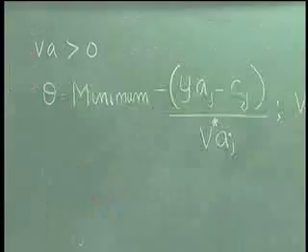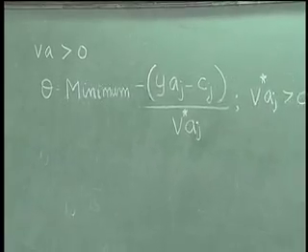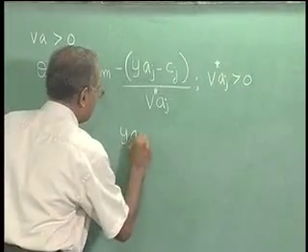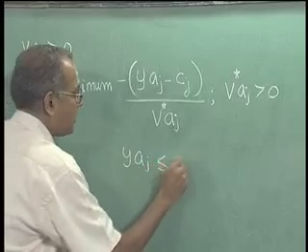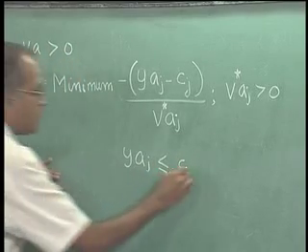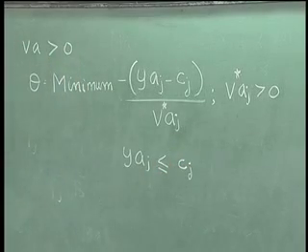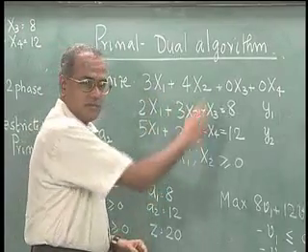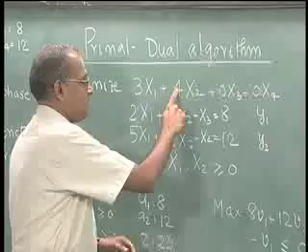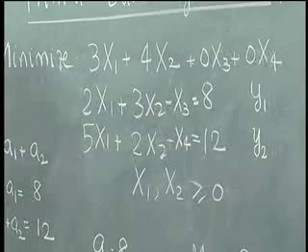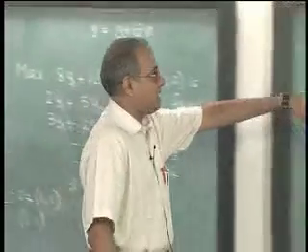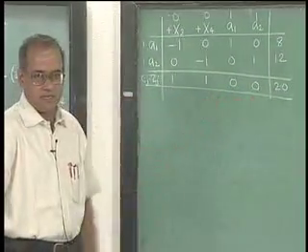Now, if we go back and check what is this. Now, this comes because if you look at this dual, it is of the form yA less than or equal to c. So, this is of the form yA_j less than or equal to c_j. A_j's are the corresponding columns, c_j's are the objective function coefficients, y is the dual variable. So, a dual constraint is typically of the form yA_j less than or equal to c_j.